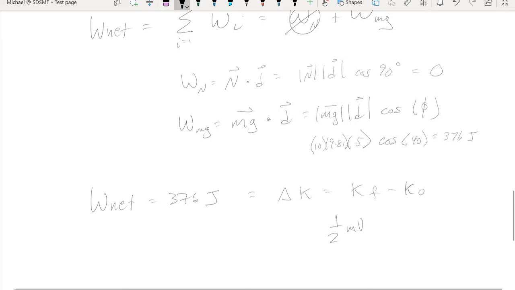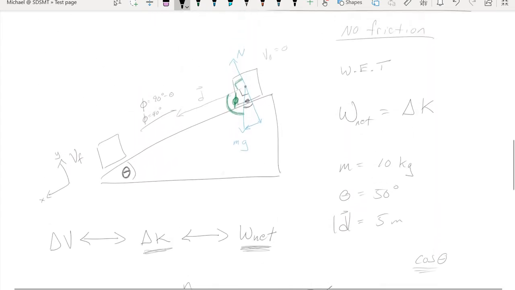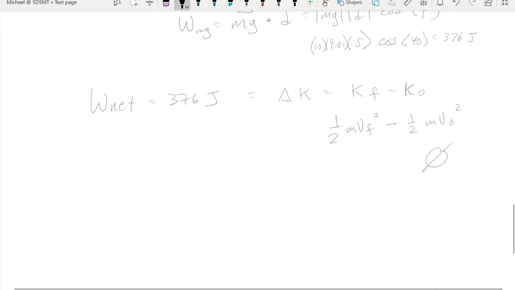Final kinetic energy is based off of the final speed of the mass. Initial kinetic energy is based off the initial speed of the mass. We said our mass started with an initial velocity of 0, so that means we have an initial kinetic energy of 0. As such, the final kinetic energy of the mass has to equal the work that was done.